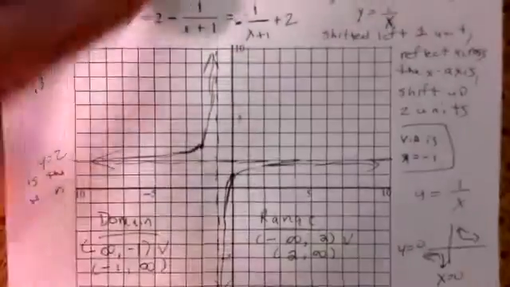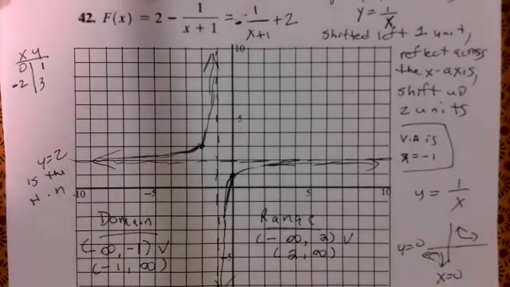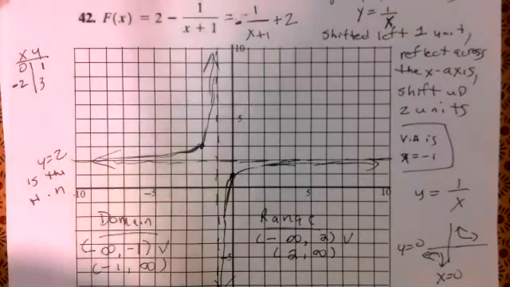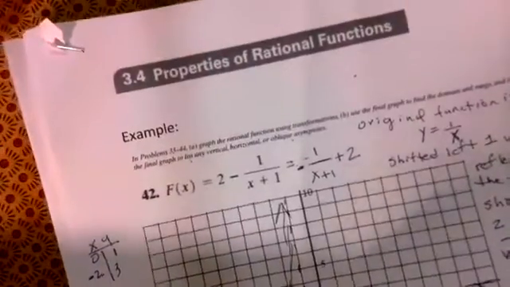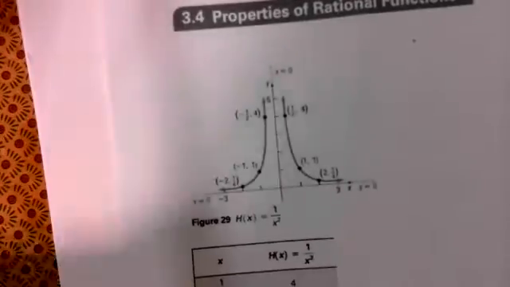Look at that. And then let's look at the last example. So I was talking about y equals 1 over x squared. Here is just the graph of y equals 1 over x squared.